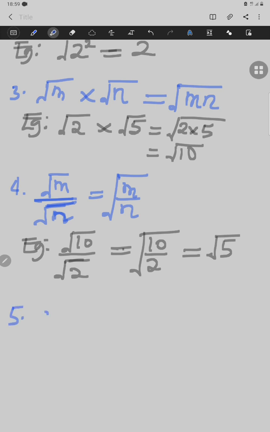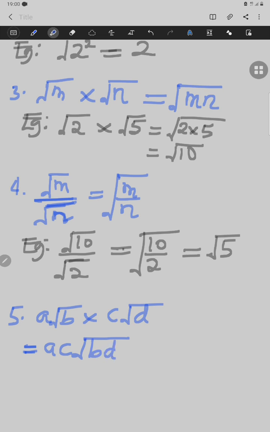Now, if you have a root b times c root d, look at this. We call this index. No, it's not an index. It's a coefficient of the root. So this is going to give us, let me write it here, the coefficients of the roots are going to multiply, so ac.